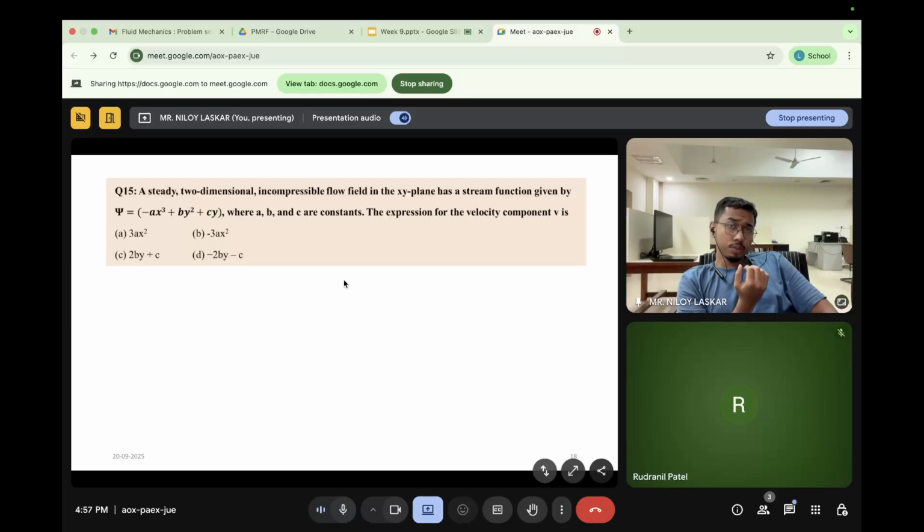It's like the previous few questions. You just have to remember how to find the velocity component from a stream function, and also remember this potential function. Though the potential function has not been discussed in today's live interactive session, I have already discussed this in the earlier session. So please go through it. The video lecture corresponding to that session has been uploaded at the link provided by NPTEL through your mail.